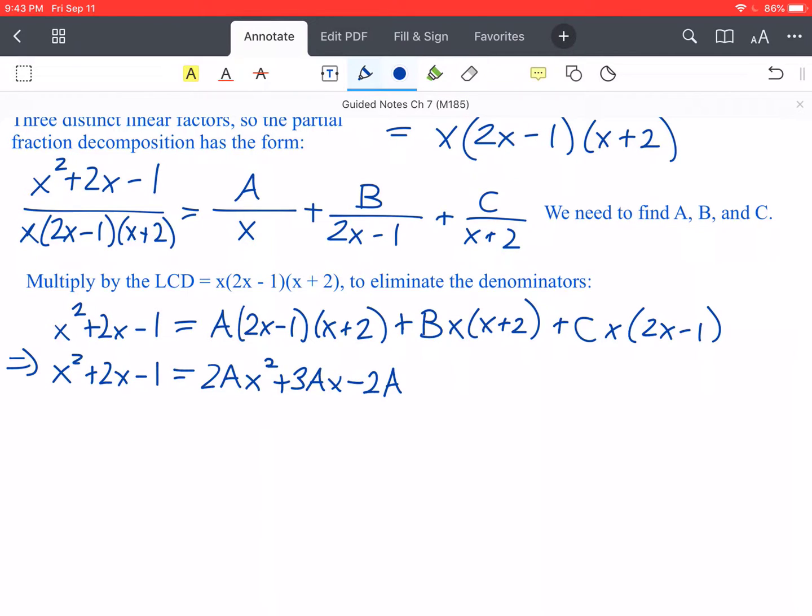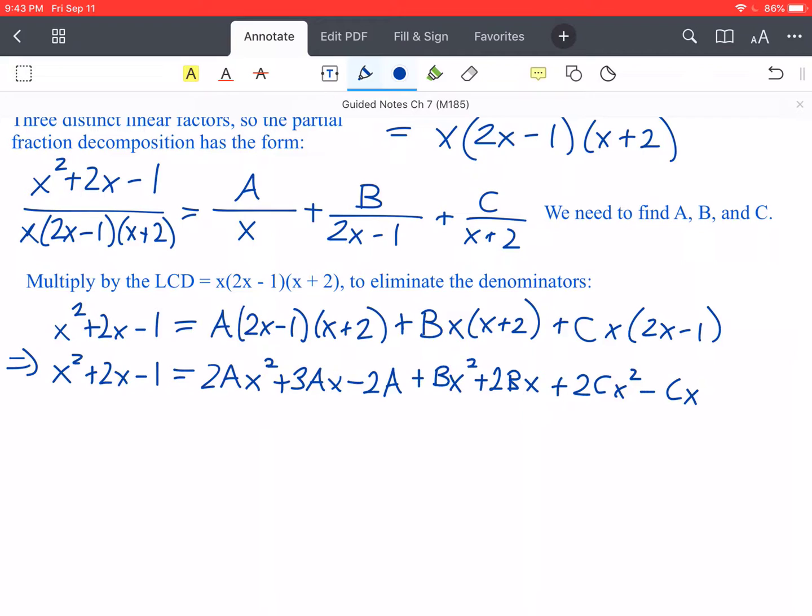Okay. And then for the B terms, we have plus Bx squared plus 2Bx, plus 2Cx squared minus Cx.